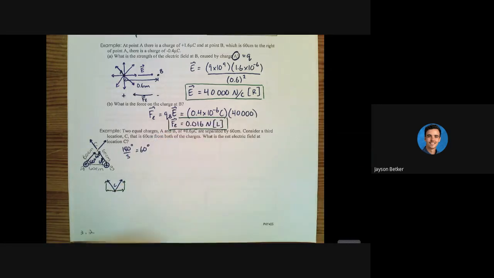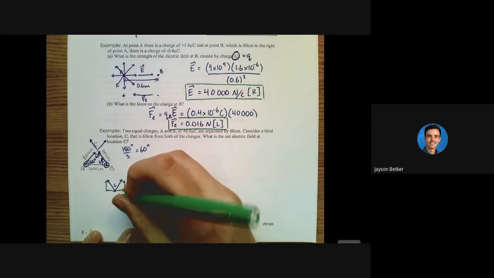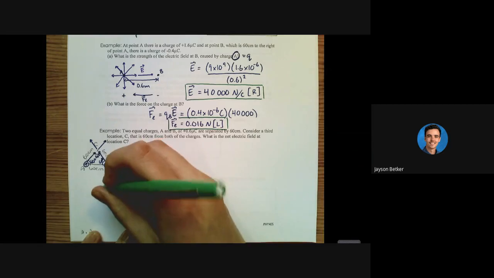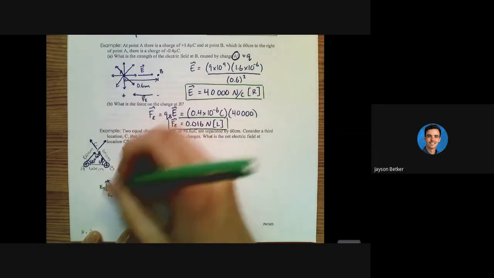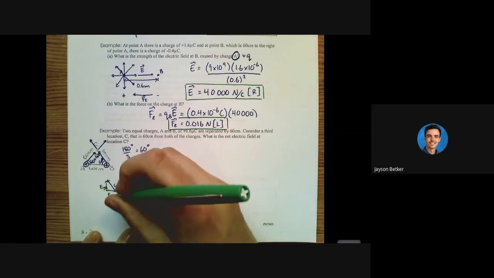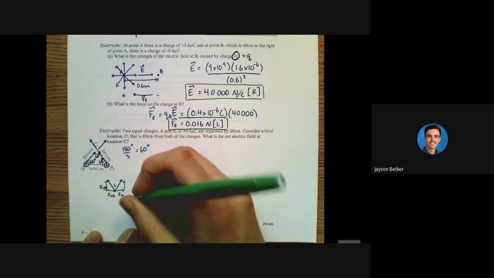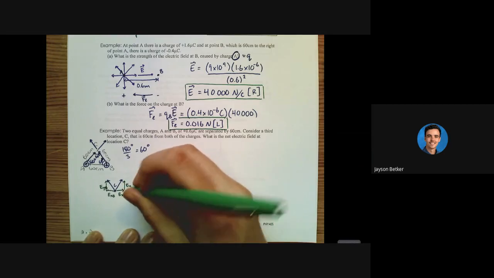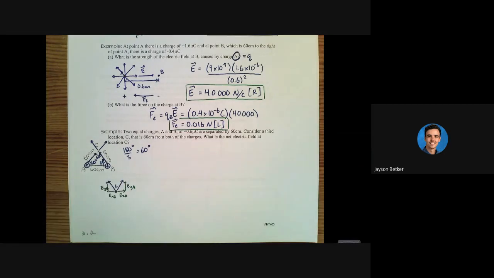We have EXB, and then EXA and EYA. So that just means that they're coming from these two.